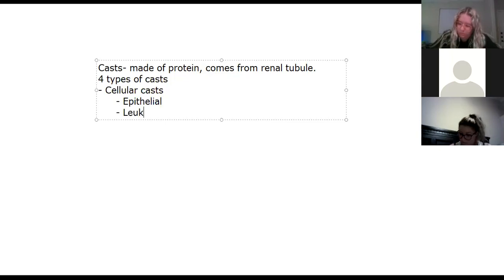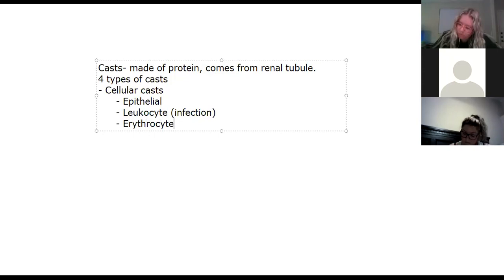We could also have leukocyte, which would indicate infection. We could have erythrocyte, which is, of course, our red blood cells. And that could be due to bleeding.